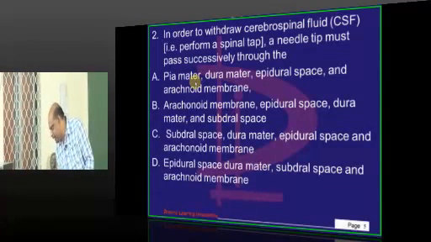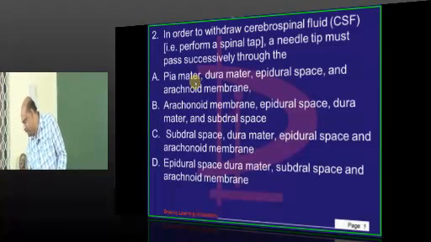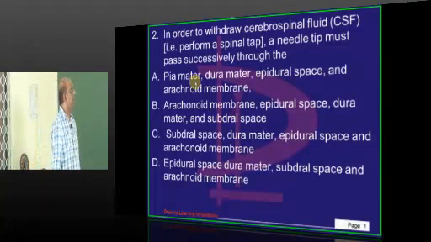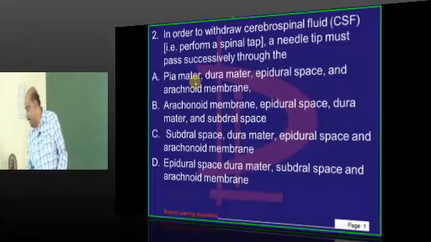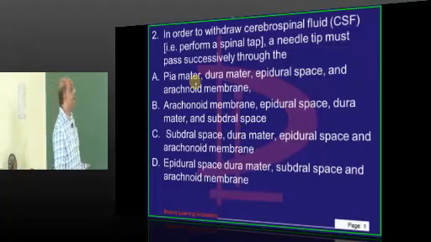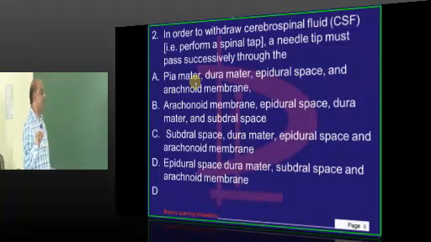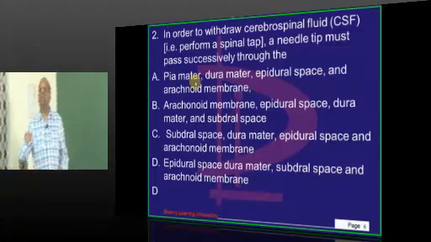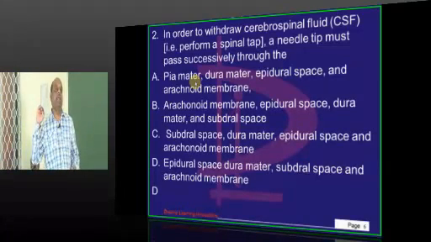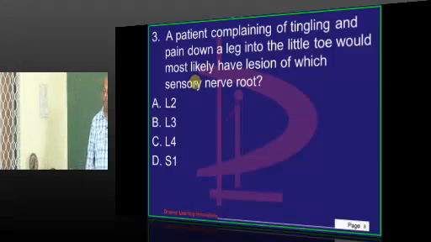What is the answer given by most of the people? What is the correct answer? If you want to make a spinal tap, Fahima proposes epidural, to dura mater, to subdural space, to the arachnoid, and then in the subarachnoid space we draw the CSF. That is what needs to be remembered, which is in fact the correct answer.